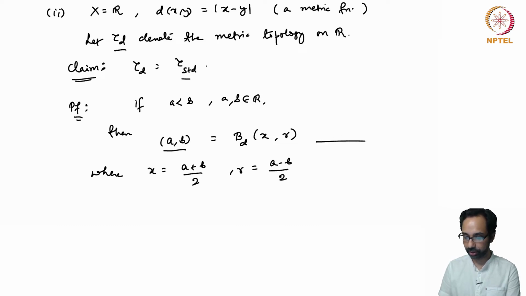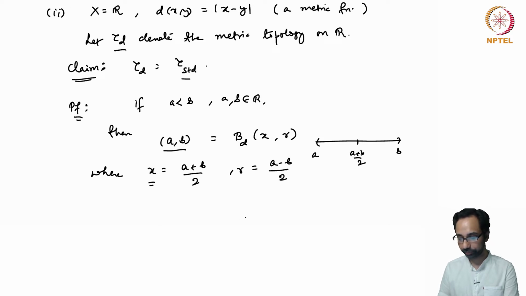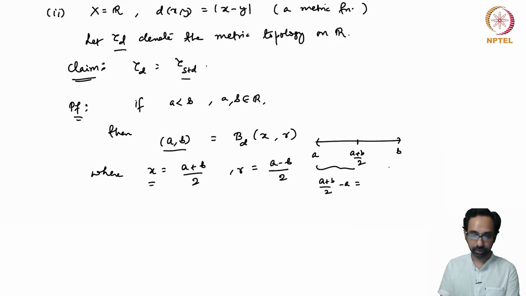So you take the open interval (a, b) and you want a center x. The center is just the midpoint (a plus b) by 2, and the radius is this distance, (a plus b) by 2 minus a, which should be (b minus a) by 2, not (a minus b). Similarly, the other distance is also (b minus a) by 2.